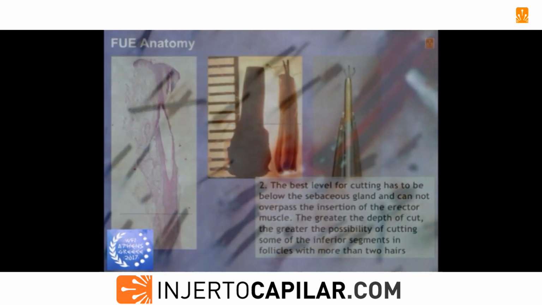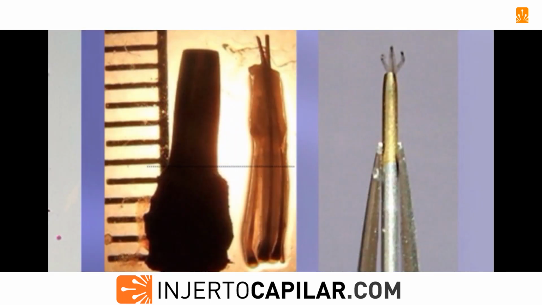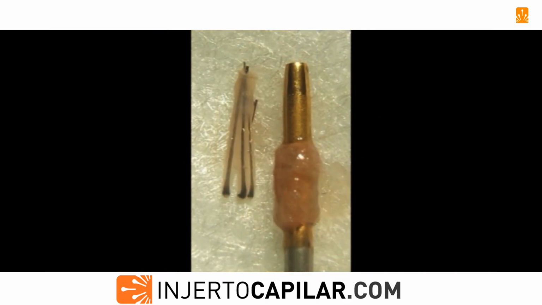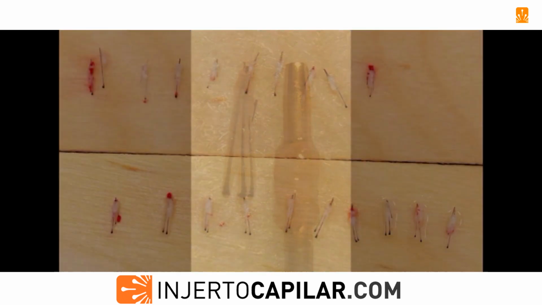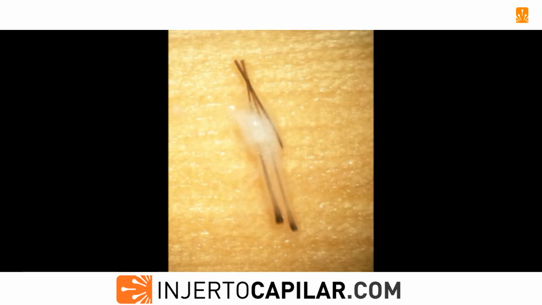For that reason, the best level of cut must reach the inferior part of the sebaceous gland and cannot overpass the insertion of the erector pili. The greater the depth of cuts, the more possibilities to transect the inferior roots. 95% of the partial transections are always below the sebaceous gland.